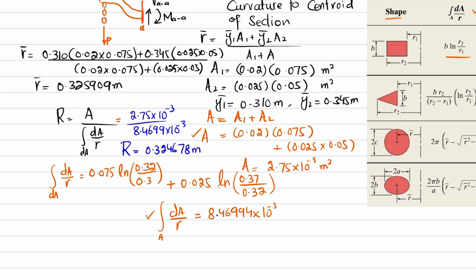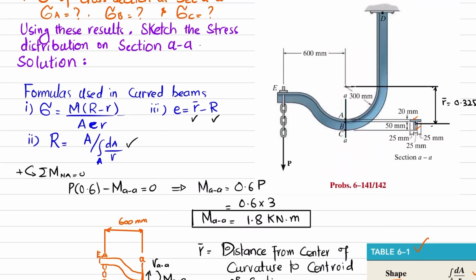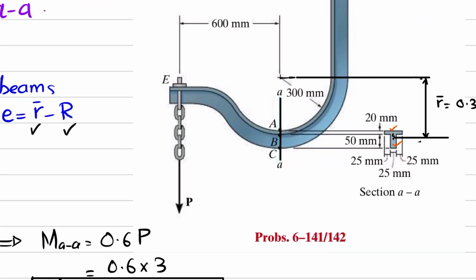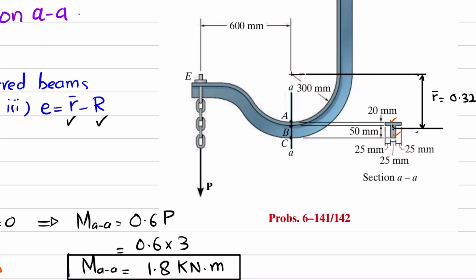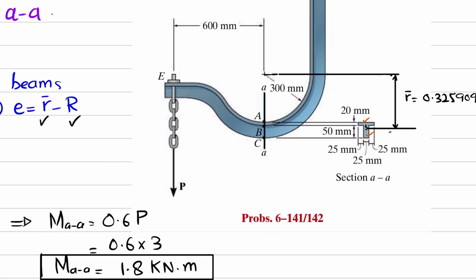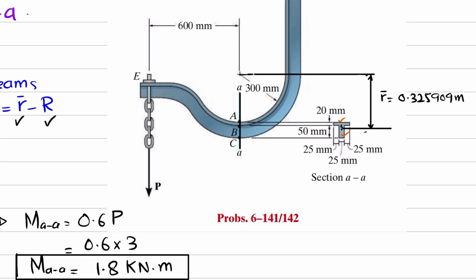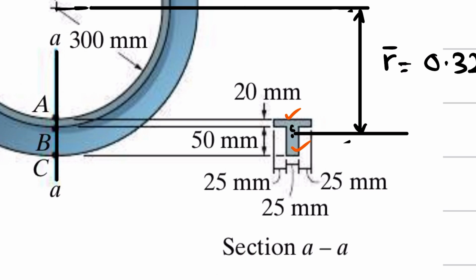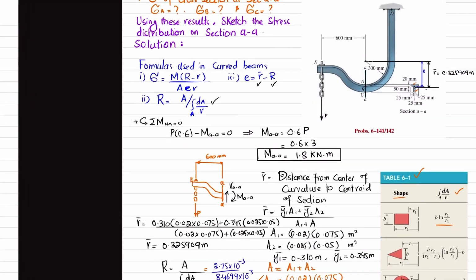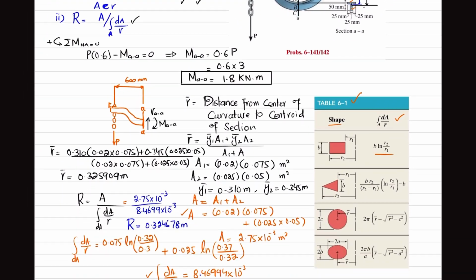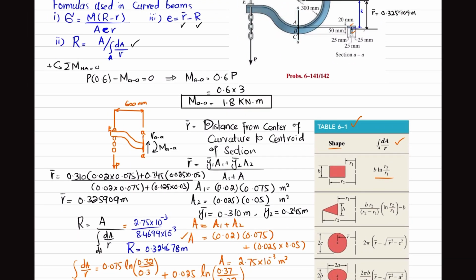And what is this R? R is the distance from the center of curvature till the neutral axis. As R is less than this, it will be somewhere here. This will be your capital R. Now we have both values, so E will be equal to R dash.